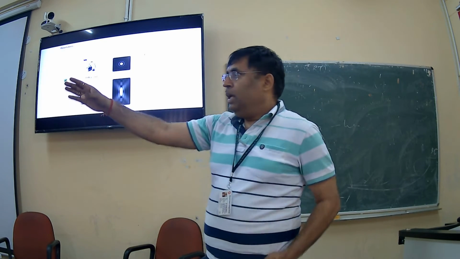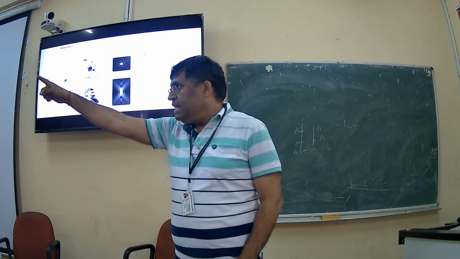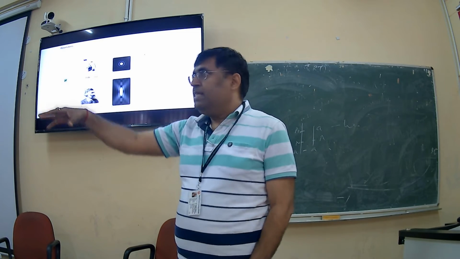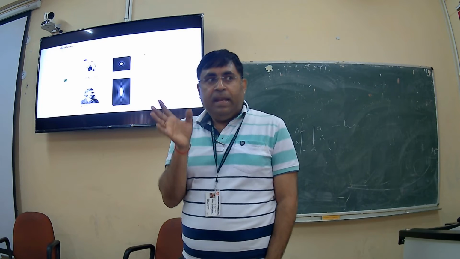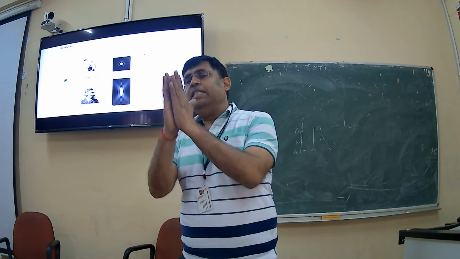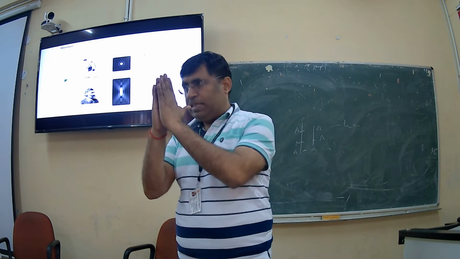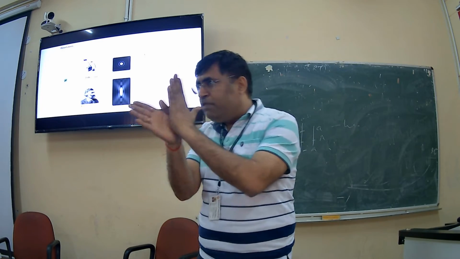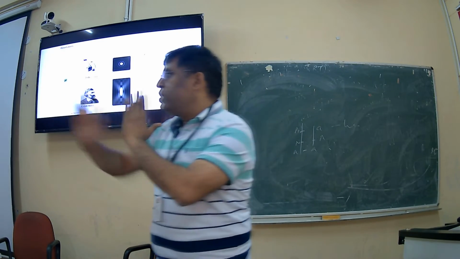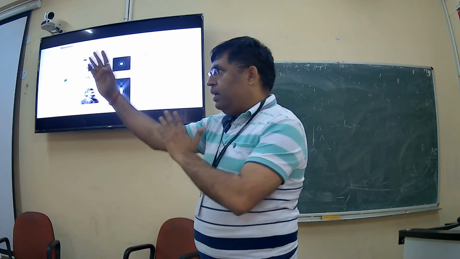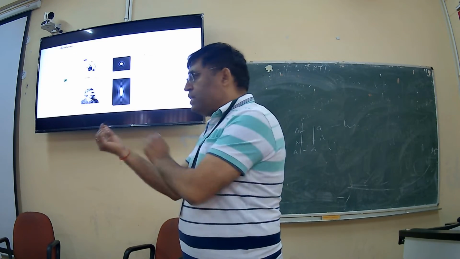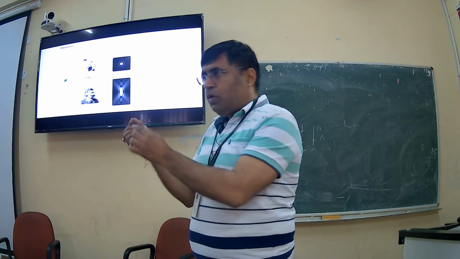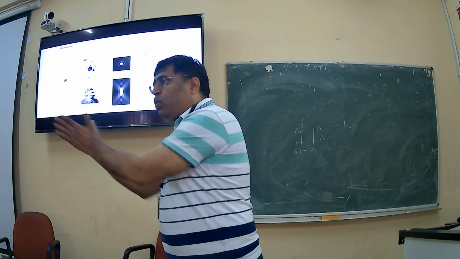Let's say light is passing through a narrow slit. Then what will it do? It will diffract. It should not go straight. Like, let's say here there is a bulb with a very small opening.